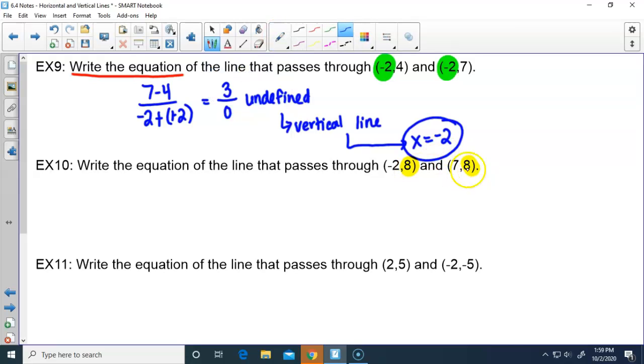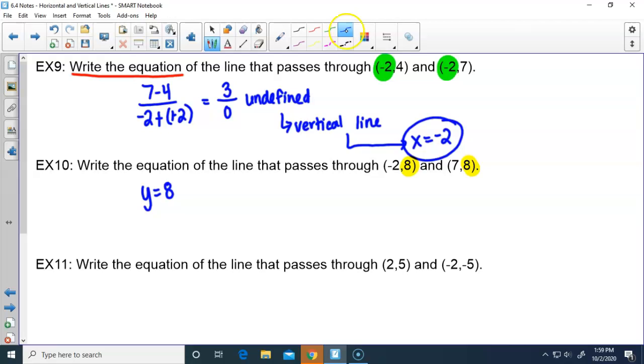So if I notice that this is the case, I can just go ahead and put y equals 8 as my answer. So these can be really quick to do. For example 9, you could have just seen that that -2 was repeated. Both of your x coordinates were -2, and you could have immediately just said x equals -2 is your equation of the line. So that's the quickest way to do the problem, but sometimes that doesn't jump out at us.